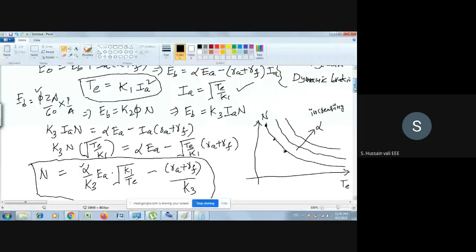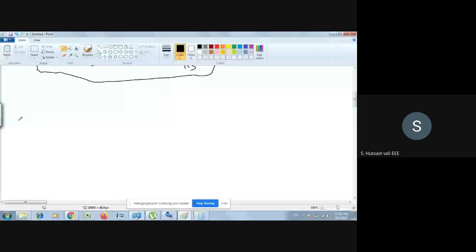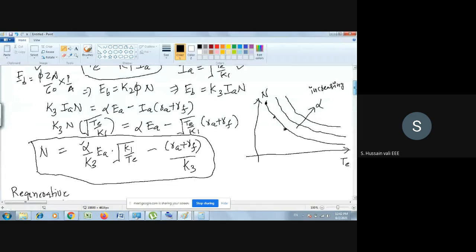Now next one is the regenerative condition. What do you find out in the regenerative condition? We'll have to go ahead with the circuit diagram.